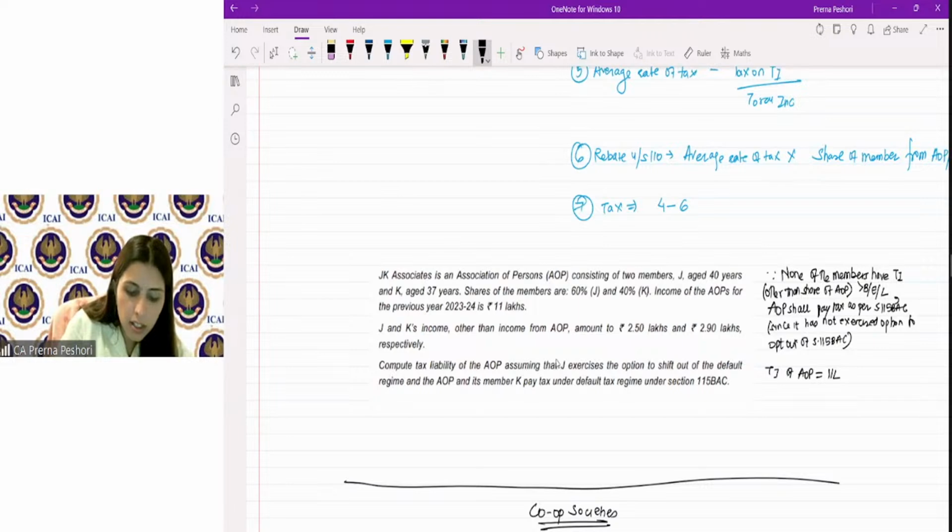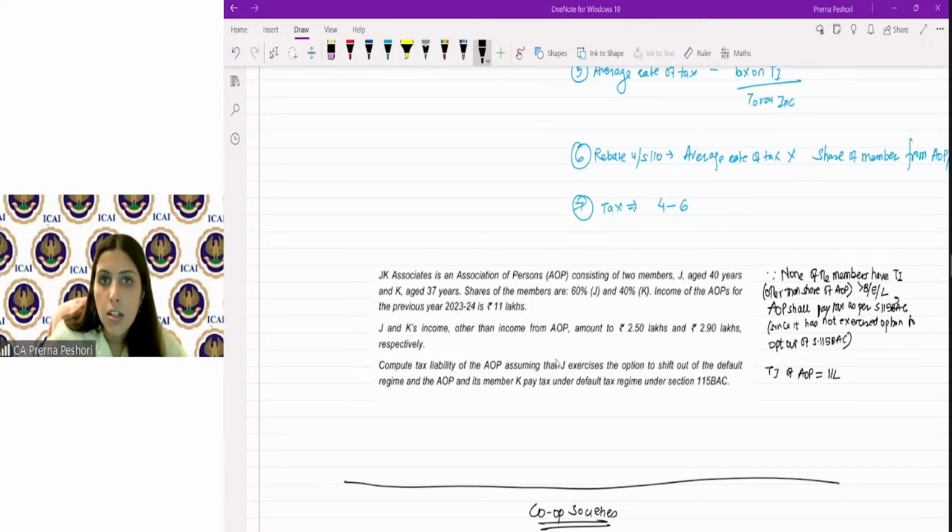Now on the 11 lakh, calculate the tax. How much are you getting? 75,000.